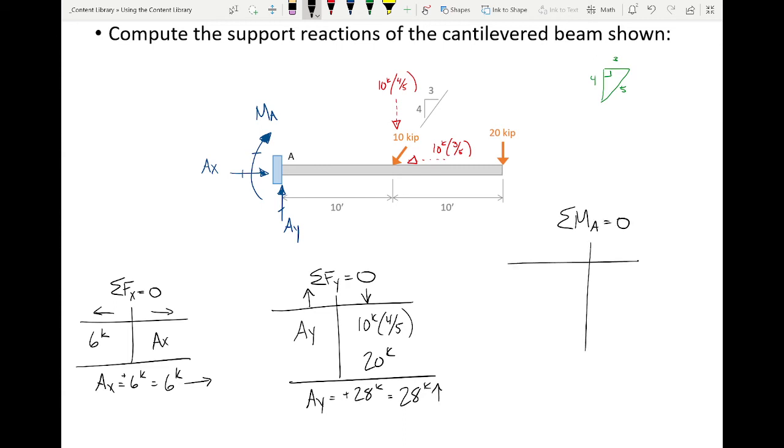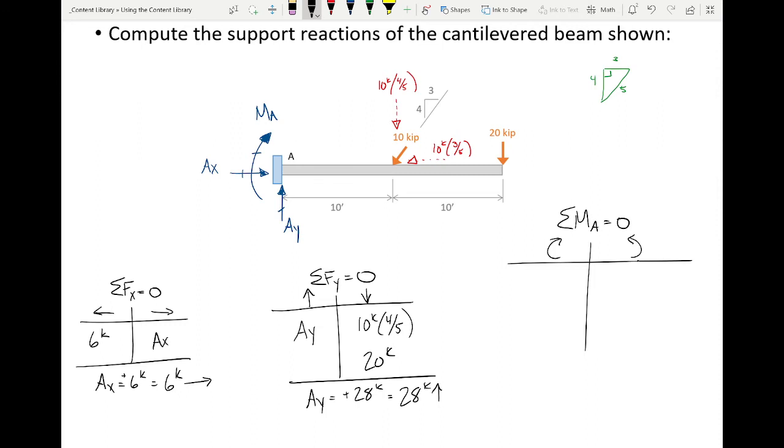I'm still going to do that because even though I don't have to be strategic, if I sum moments at A, then this and this pass through A, so I don't have to deal with it. Okay? So, let's start. Do I consider MA? Yes, it is a moment, right? So what side of the table does it belong?